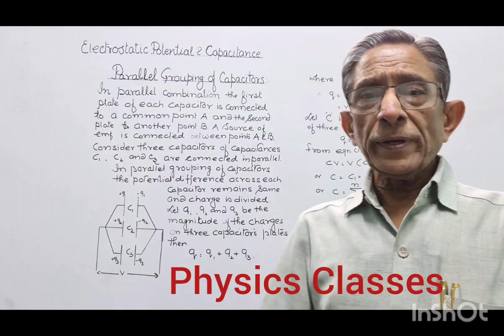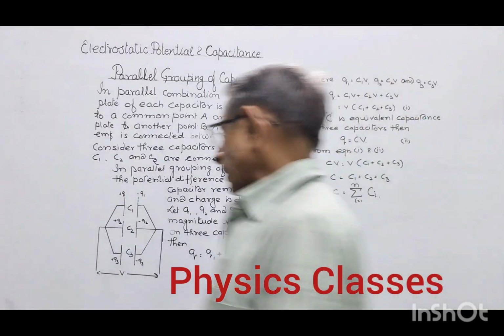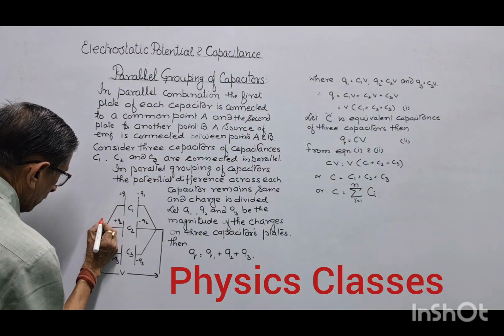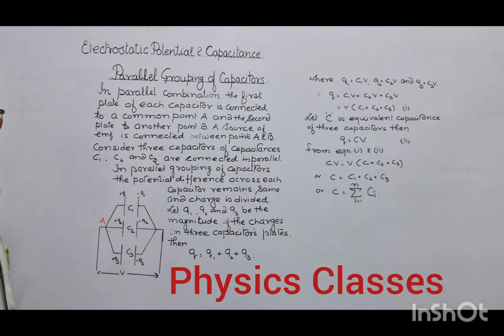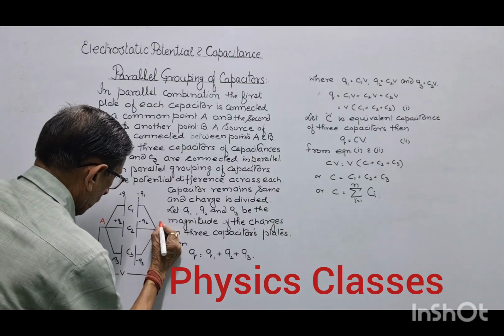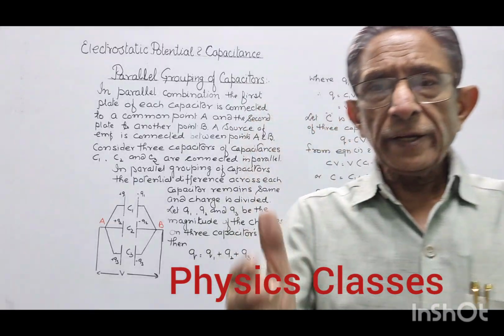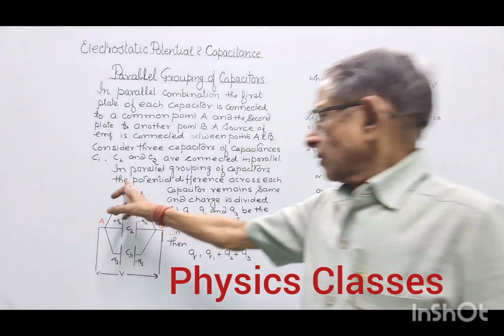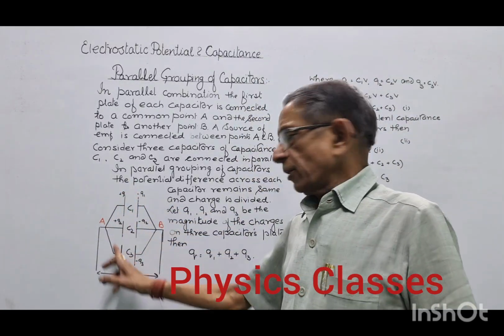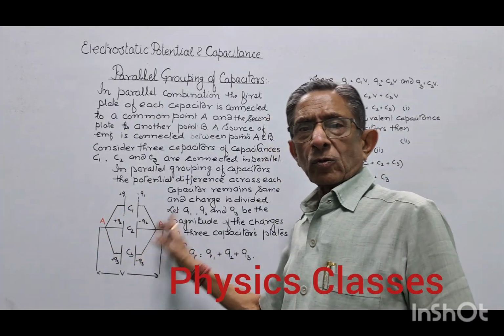But in parallel grouping, one plate of each capacitor is connected to one point, say it is A, and the second plate of each capacitor is connected to the other point B. Means one plate of each capacitor is connected to one point, and the second plate of each capacitor is connected to the second point.